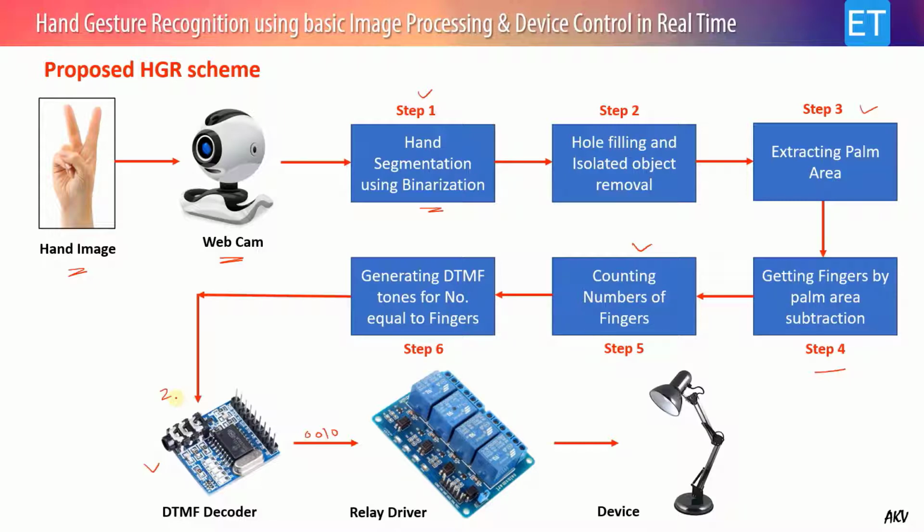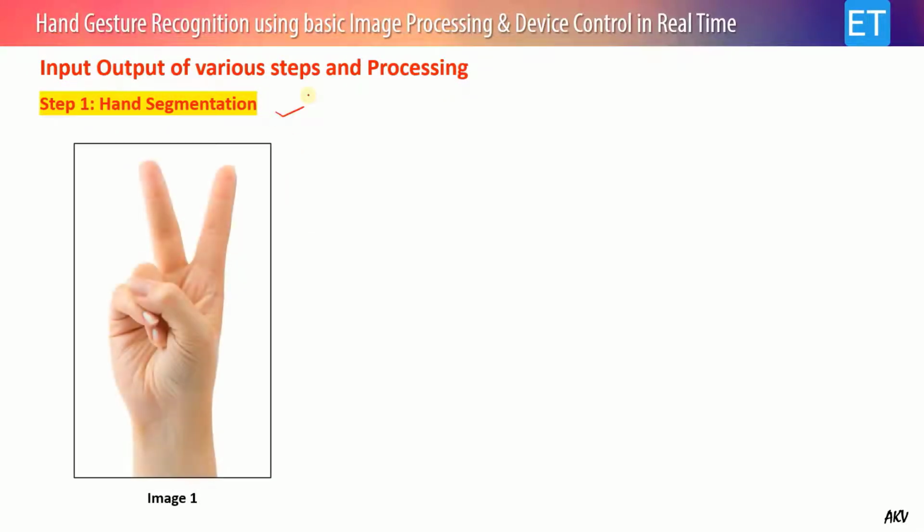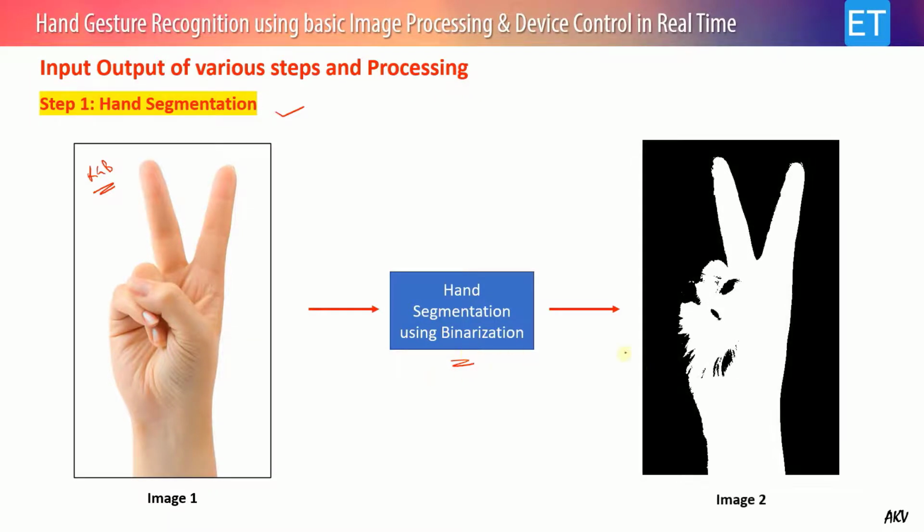I will take one step at a time and show you the input and corresponding output of each step. The first step is hand segmentation using a simple binarization process. This is the input image, which is the RGB color image captured by your webcam. The segmentation is done using a simple binarization process such as the Otsu process, and we get this type of output.